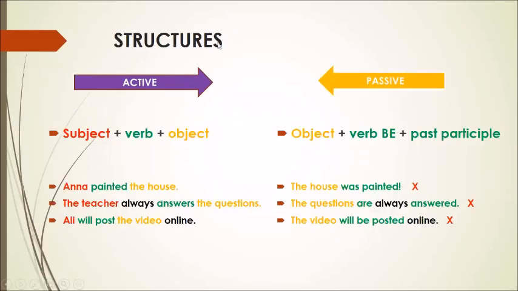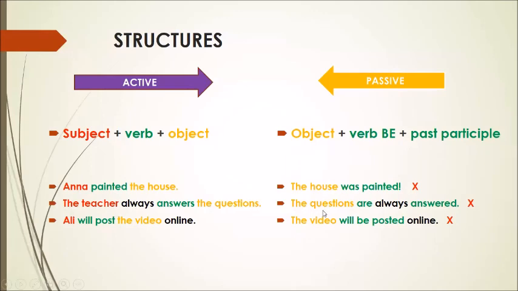And then we are going to check the structures. In an active voice, we have this order and these elements: subject, verb, object. What are we going to have in the passive voice? Object plus verb be, and then past participle. For example, the house is the object, was, in this case, verb to be, painted, past participle.